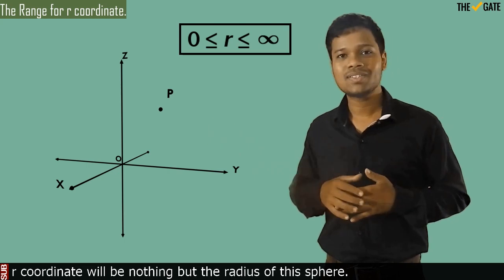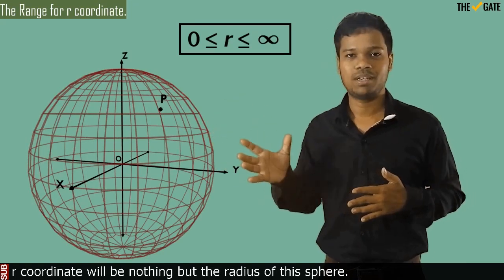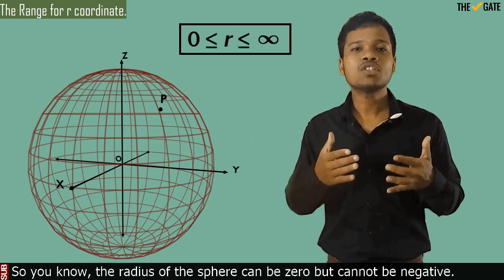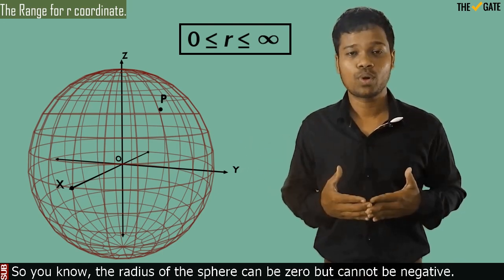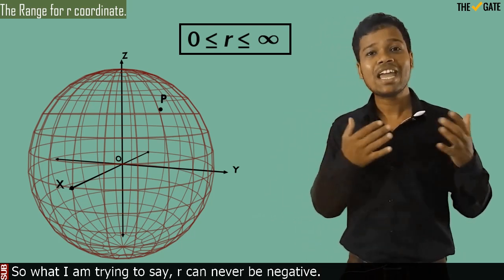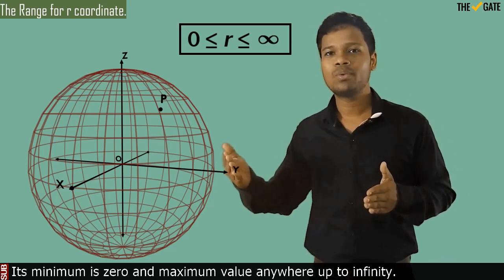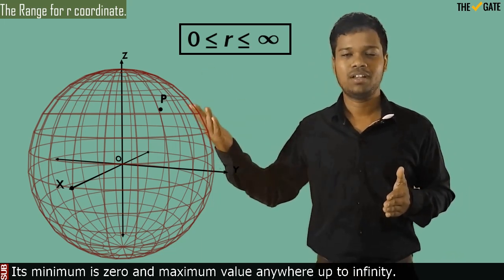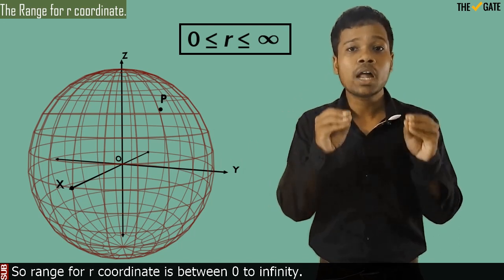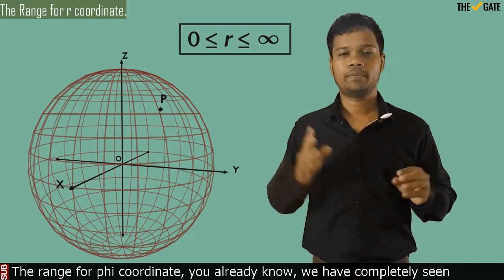So the radius of the sphere can be 0, but it cannot be negative. So what I'm trying to say, r can never be negative. Its minimum value is 0 and maximum value can be anywhere up to infinity. So the range for the r coordinate is between 0 and infinity.